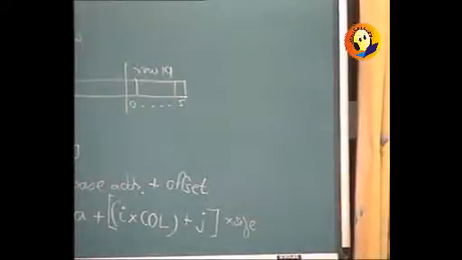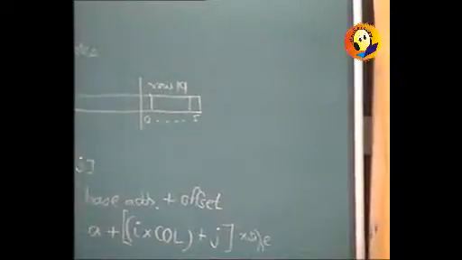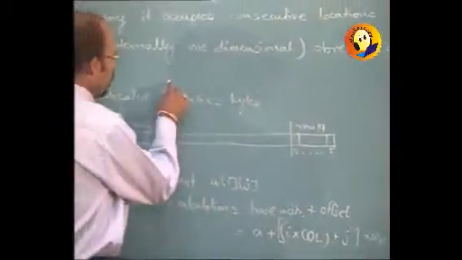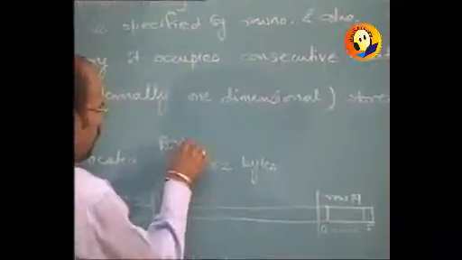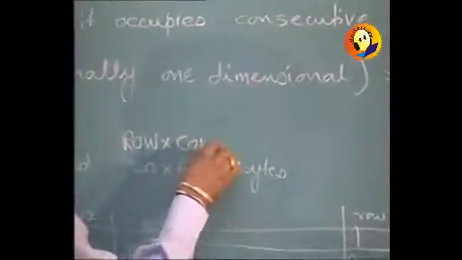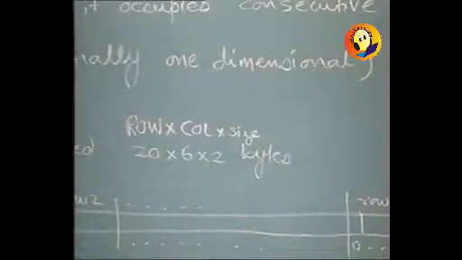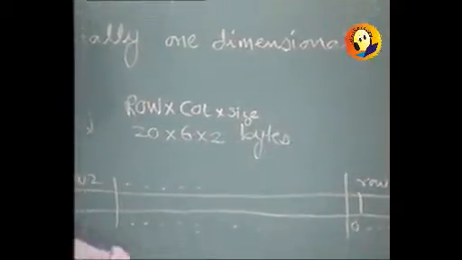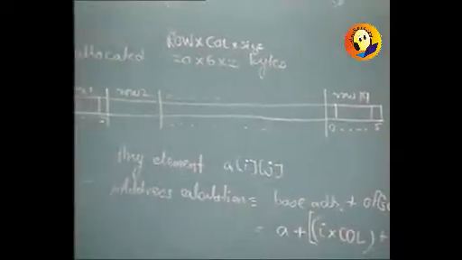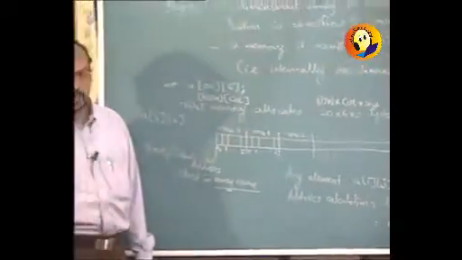In case of float it will be 4, because each position will consume that many bytes. This is actually total memory: row into column into size of each element. This is what we could say, that to calculate the position of the ith row, jth column element. A simple calculation.